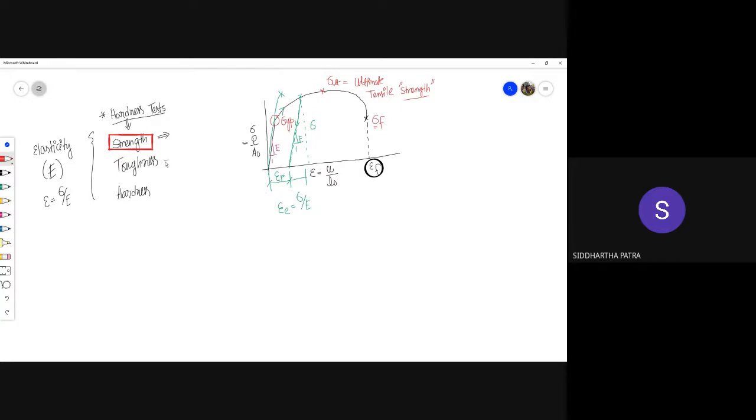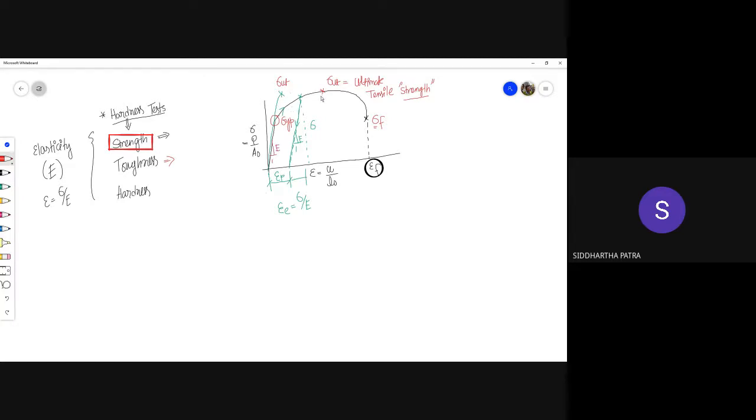Next comes the toughness, which is not a representative of the maximum stress value. For example, this brittle material right here fails at a higher ultimate stress value than the ductile material in the two representations right there. But that doesn't mean the brittle material would be more suitable for different applications compared to the ductile material.